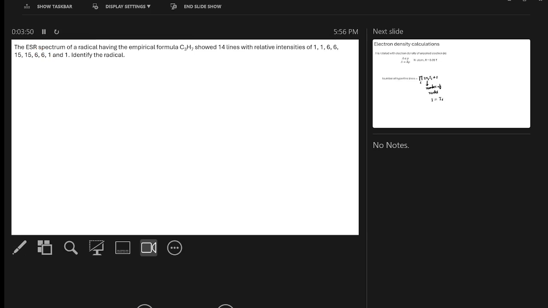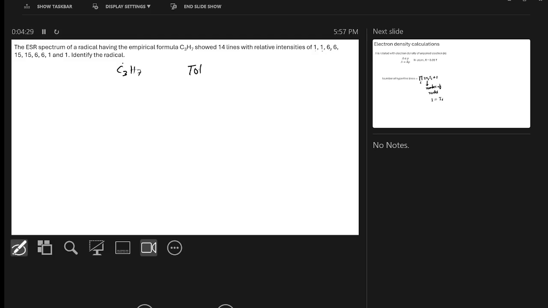Okay. Now coming to the next question. The ESR spectrum of a radical having empirical formula C3H7 showed 14 lines with relative intensity 1 is to 1 is to 6 is to 6 is to 15 is to 15 is to 6 is to 6 is to 1 is to 1. Identify the radical. So how many peaks is it giving? 1, 2, 3, 4, 5, 6, 7, 8, 9, 10.